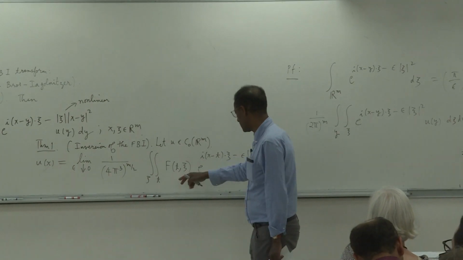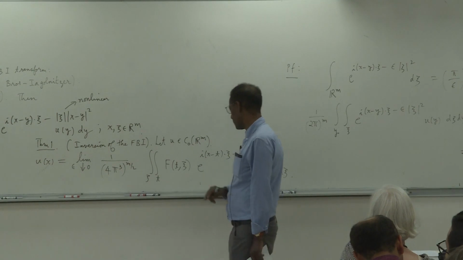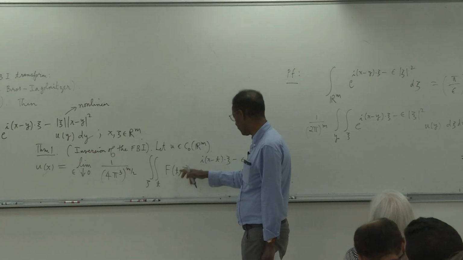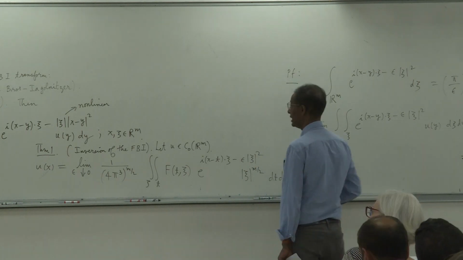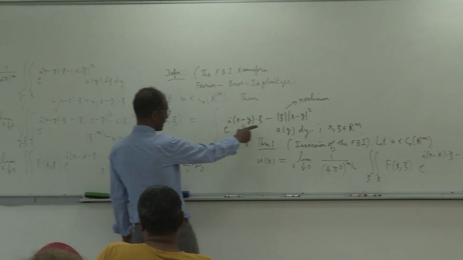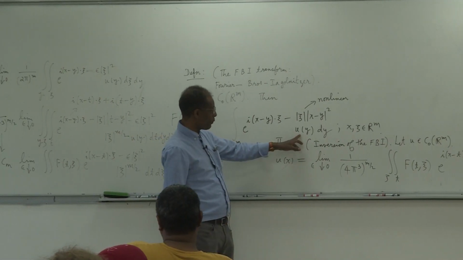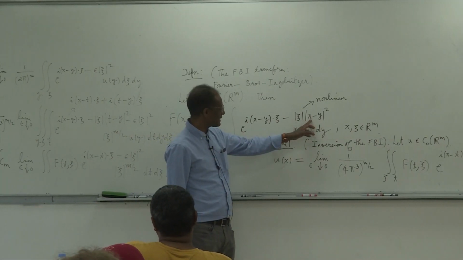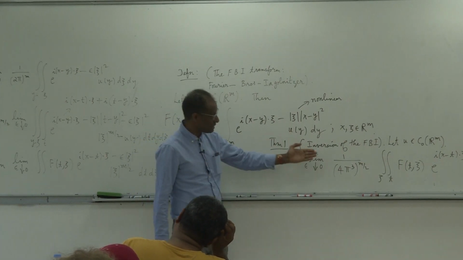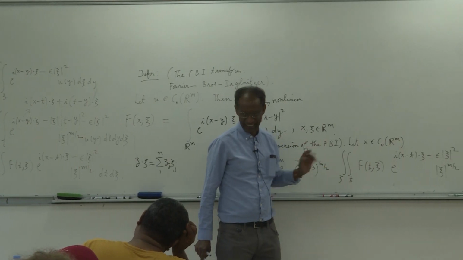Let me look at this because I'm integrating over Rm cross Rm, right? So the t integral, if I look at f of t, ξ in the t integral, if I look at the FBI transform, you see, in the x variable, because u is of compact support, when x is large, the FBI transform decays exponentially. So in the t variable, there is no problem. Okay.